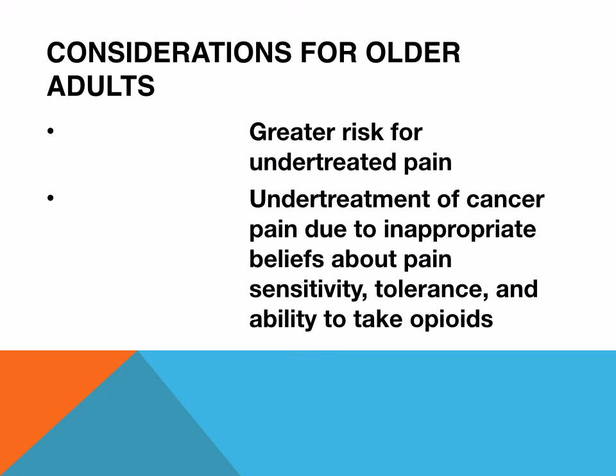Older adults are at great risk for undertreated pain. They can have their own opinion about pain, that if I take so much pain medication, I'll become addicted to it, that I'll develop tolerance, or they have their own belief that they are very sensitive to pain.